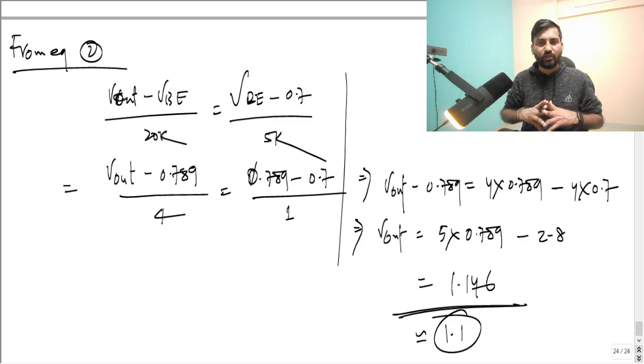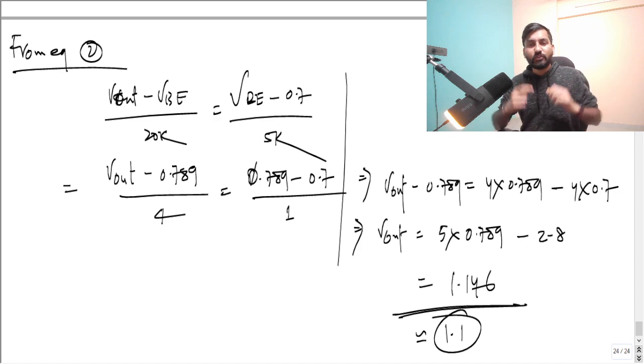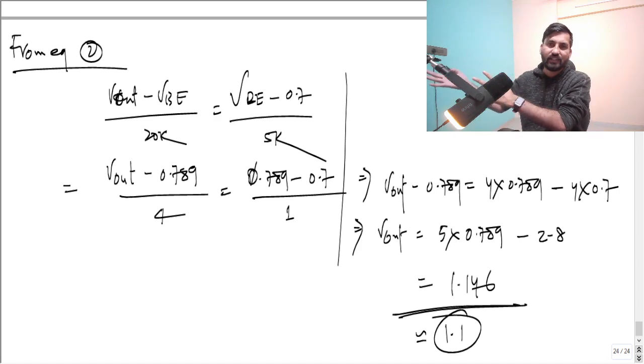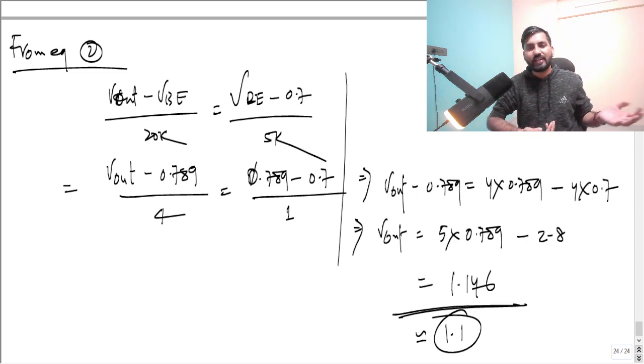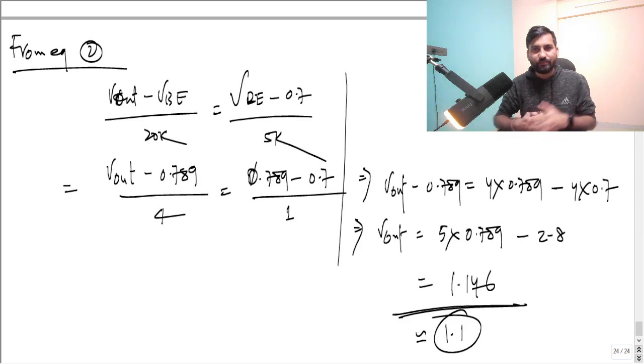These calculations are not difficult, but if there is an exponential term on the right hand side and a linear term on the left hand side, you can't solve it unless you go for numerical calculation.